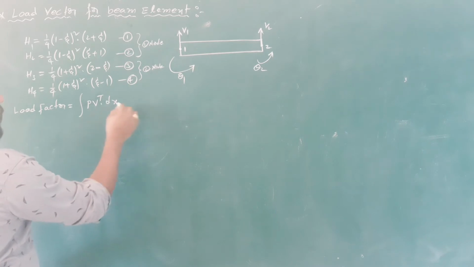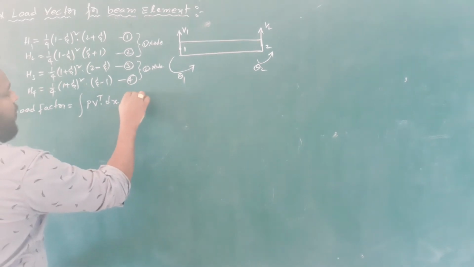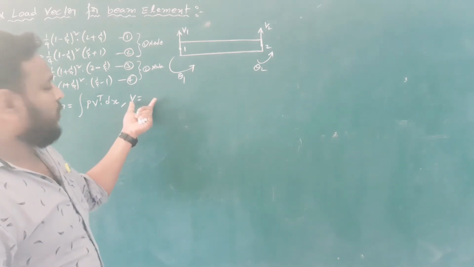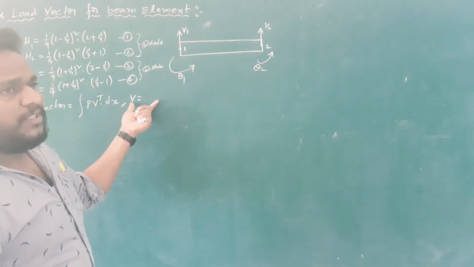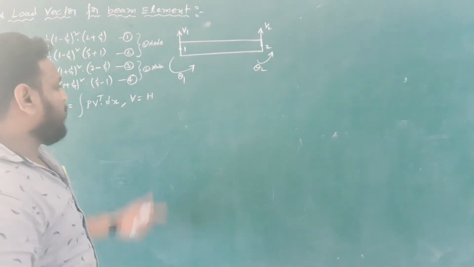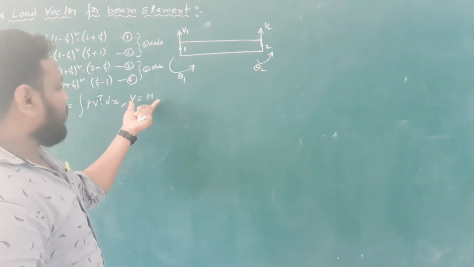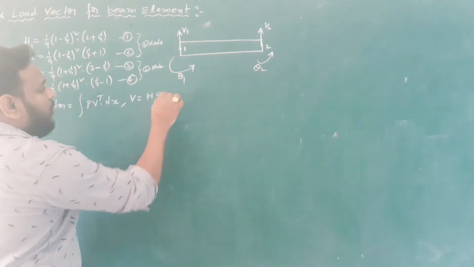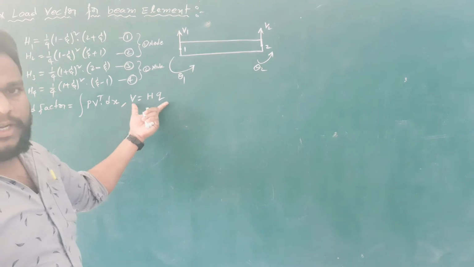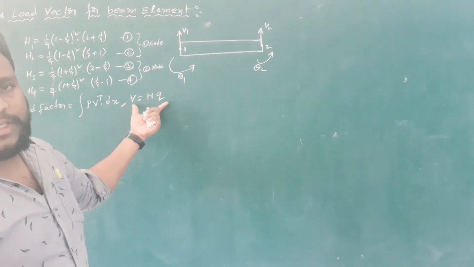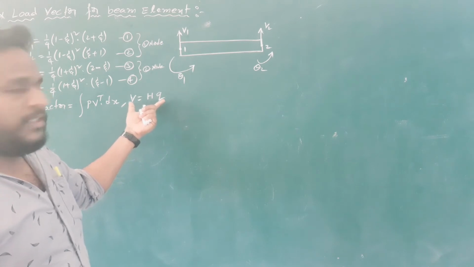Now we know that V is equal to H Q. In the previous video I have discussed how to get this relation; there is a link, so please visit that video.